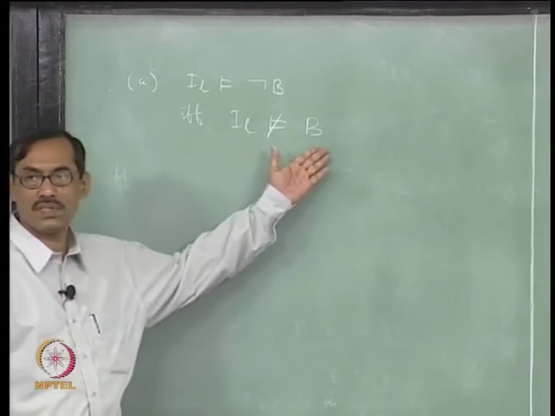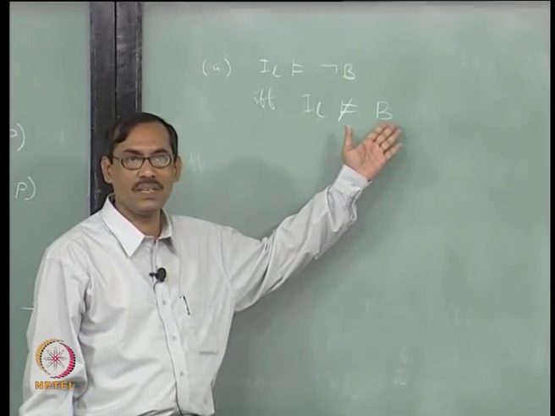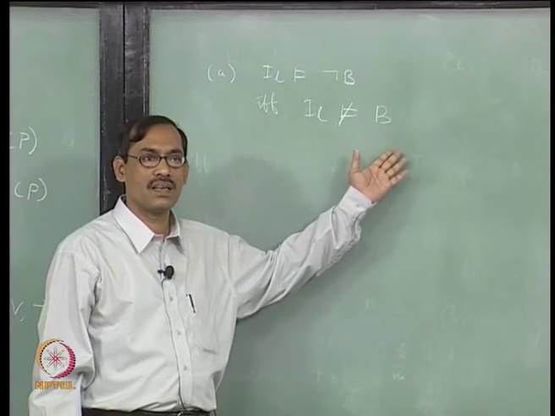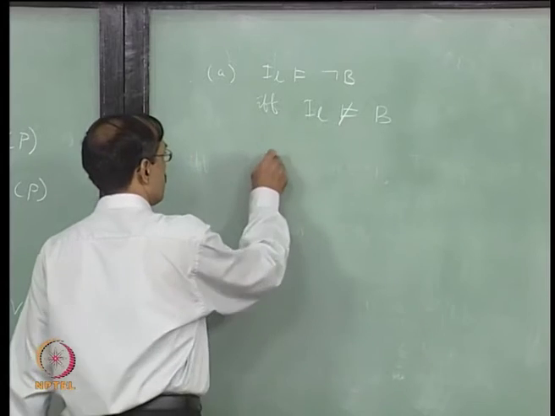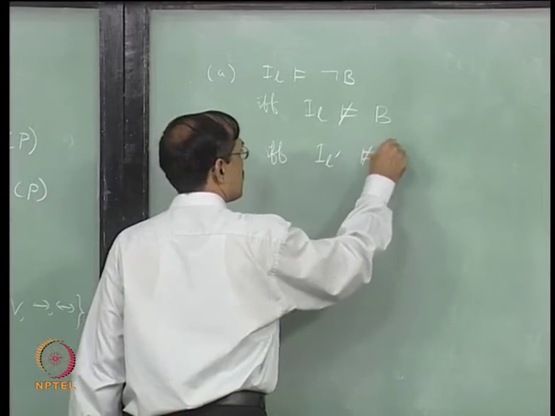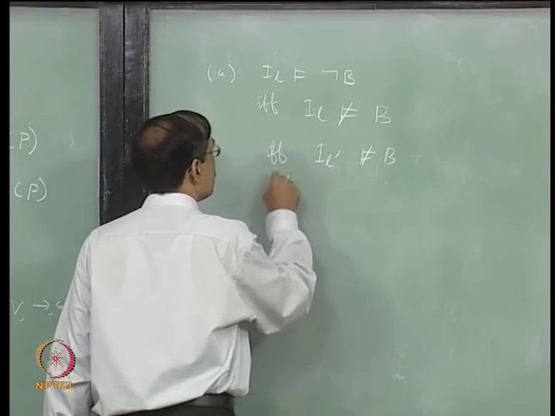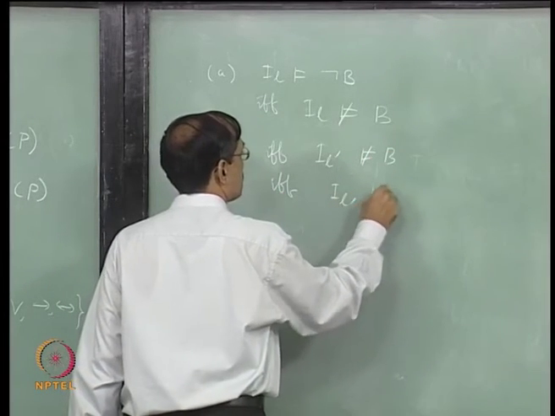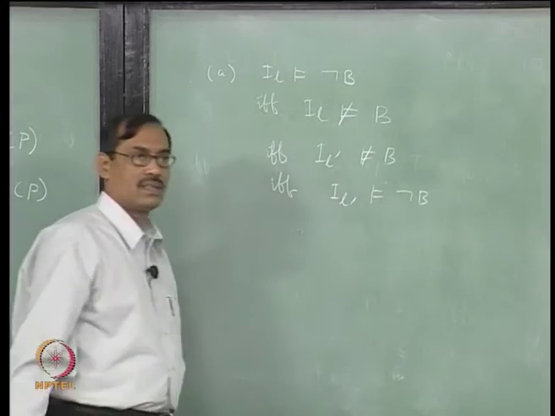Now, use induction hypothesis, B has only nu less than or equal to k. So, our conclusion holds: I L prime does not satisfy B, then if and only if I L prime satisfies not B. It is too mechanical.